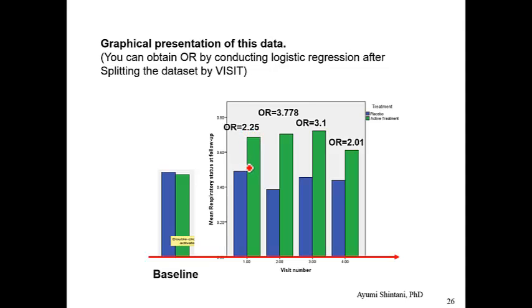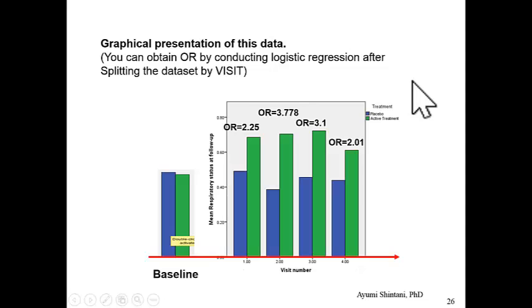So the odds of having a good outcome is 2.25 times larger with active treatment at visit 1. And at visit 2, the odds ratio became 3.778, so the difference became greater. And visit 3, odds ratio 3.1, and visit 4, an odds ratio of 2.01.